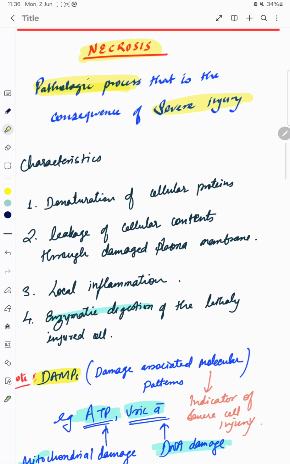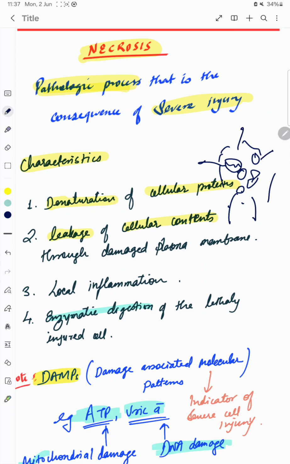What are the characteristics of necrosis? Denaturation of cellular proteins, leakage of cellular content through the damaged plasma membrane, local inflammation, and enzymatic digestion of the lethally injured cell.